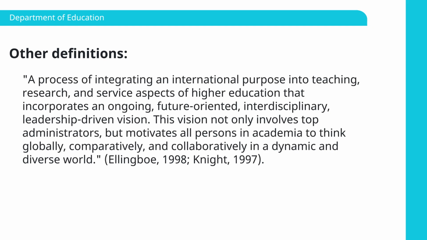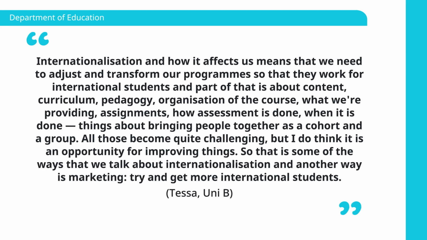The third one is a little bit similar to Knight's definition, about integrating an international purpose into teaching, research and service aspects of higher education. And again, this idea that the vision not only involves top administrators, but motivates all persons in academia to think globally, comparatively, and collaboratively in this dynamic and diverse world. So it involves lots of people at different levels thinking about how to make this process happen.